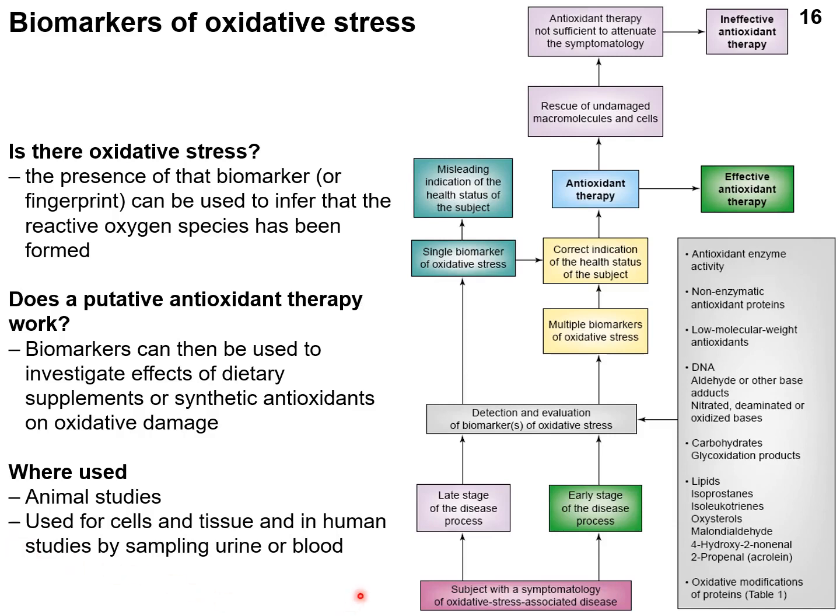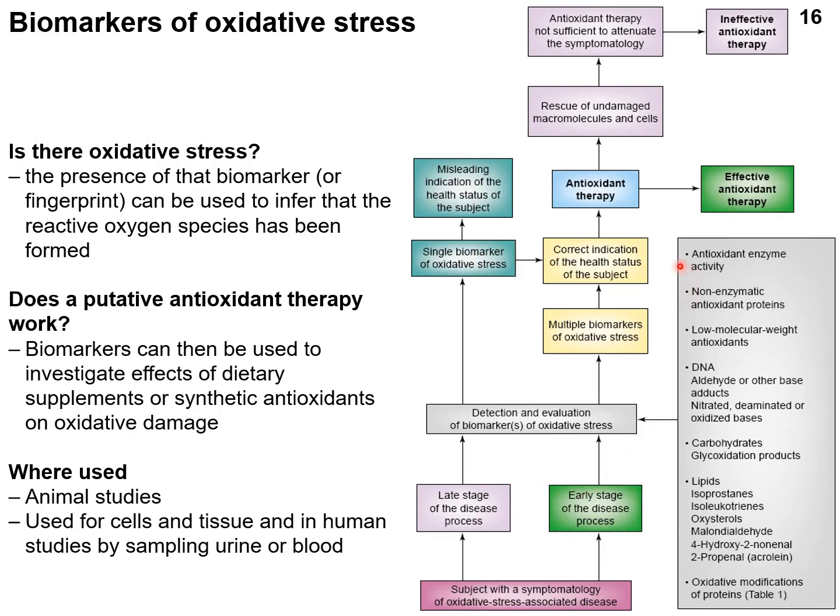And the way that we develop and use biomarkers is shown on the right-hand side here. So firstly, you're looking at people who have an oxidative stress associated disease. This might be early in the disease, it might be late in the disease. And so what you're then interested in is identifying biomarkers that can track that disease, perhaps in the early stage or the late stages of the disease.